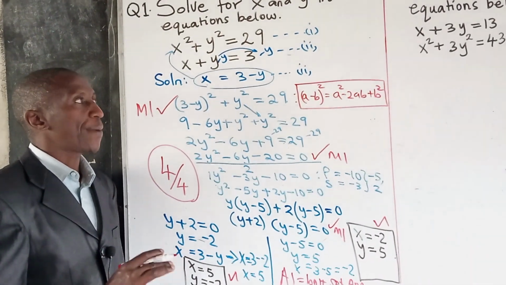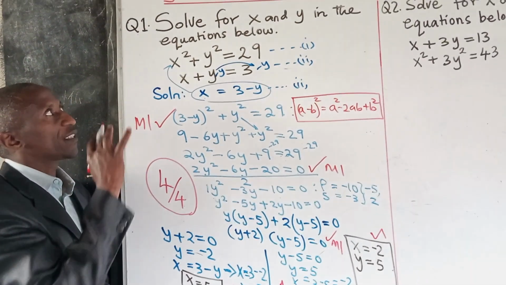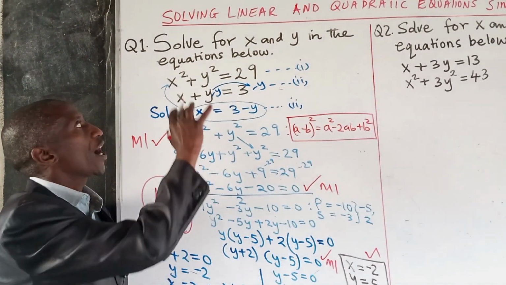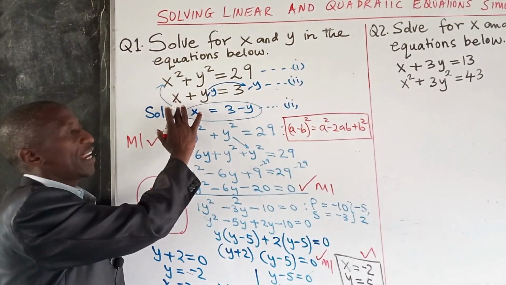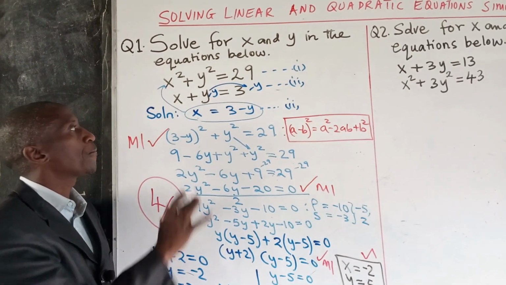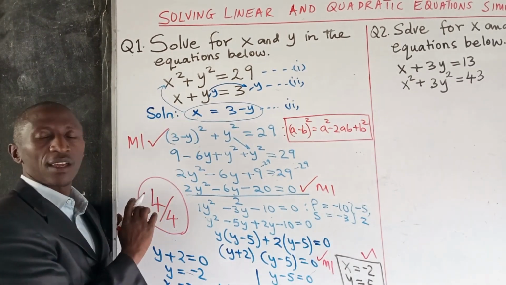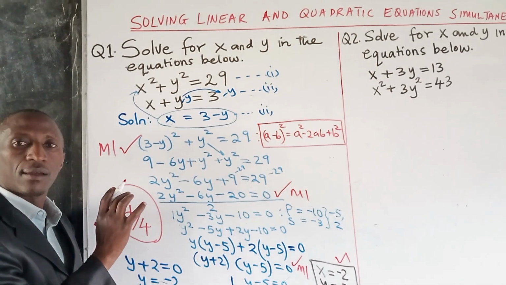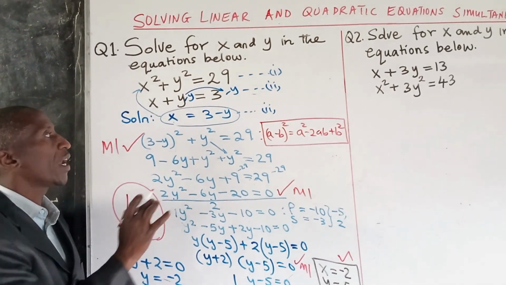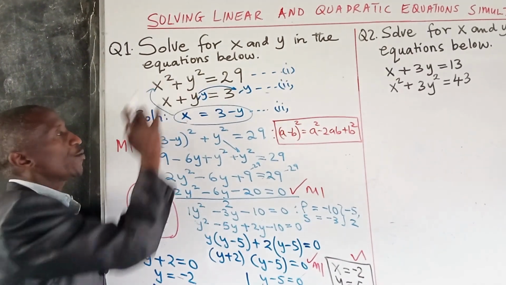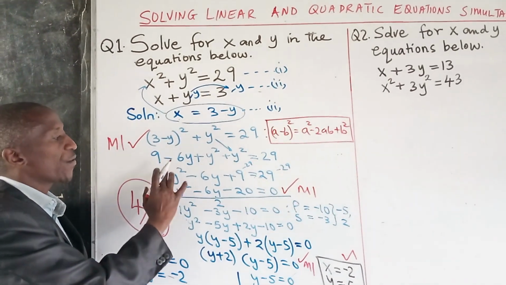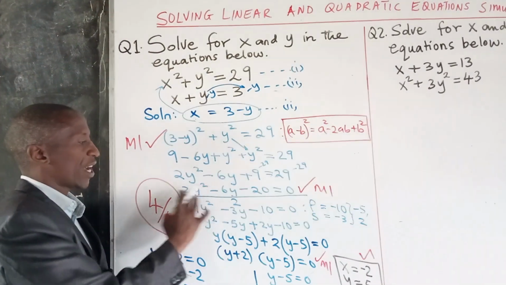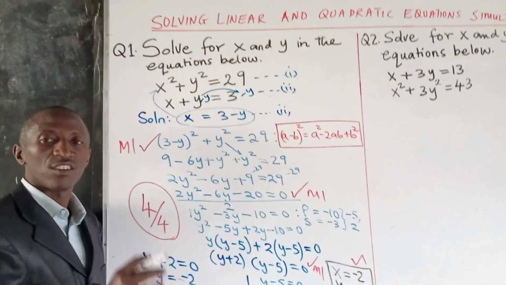And that way, we are able to see the techniques that we require when we have a quadratic equation and a linear equation. In summary, we are saying, go to the linear equation, develop one unknown as the subject of the formula, substitute that into the quadratic equation so that you develop a quadratic equation with only one unknown, and you can give it in its simplest form.